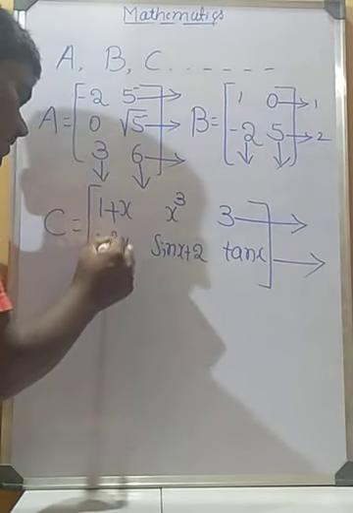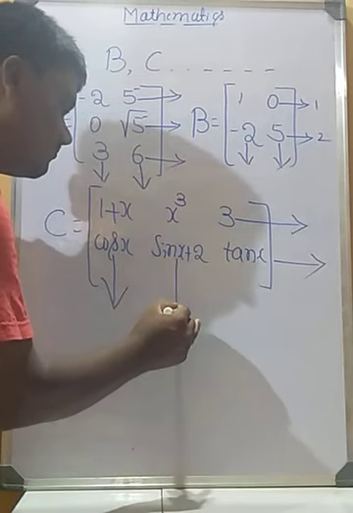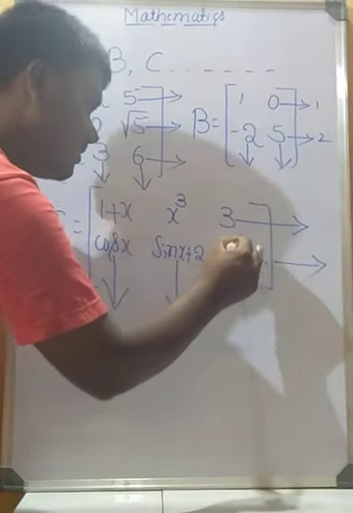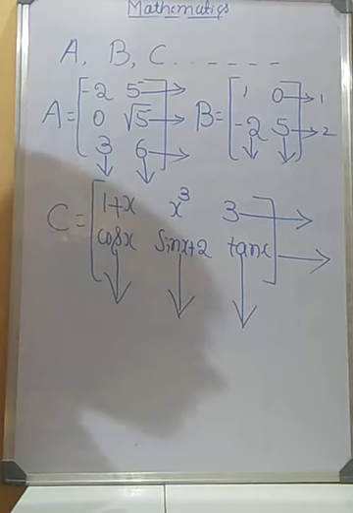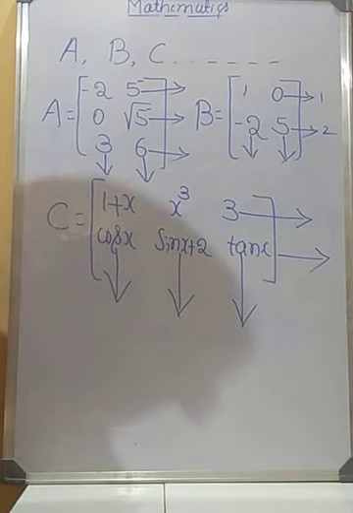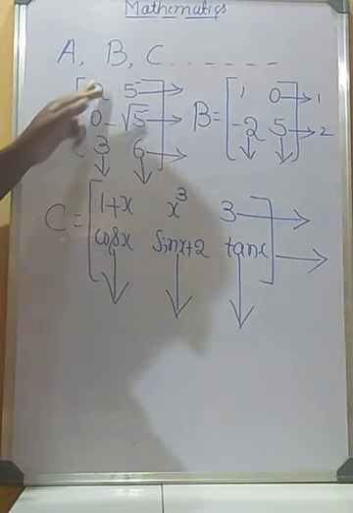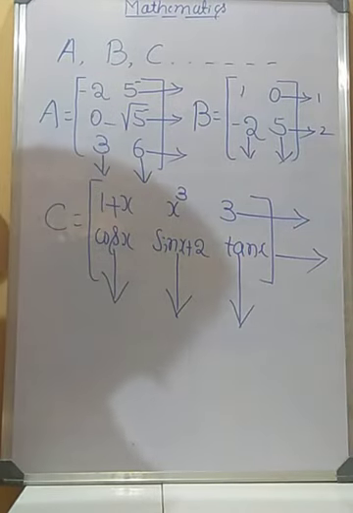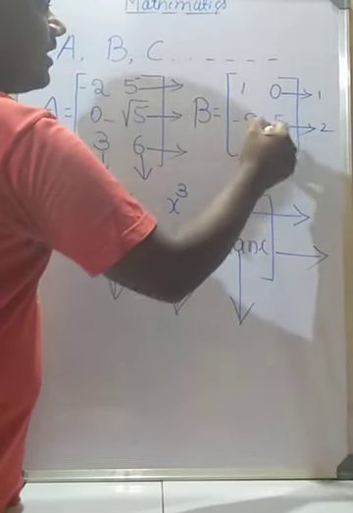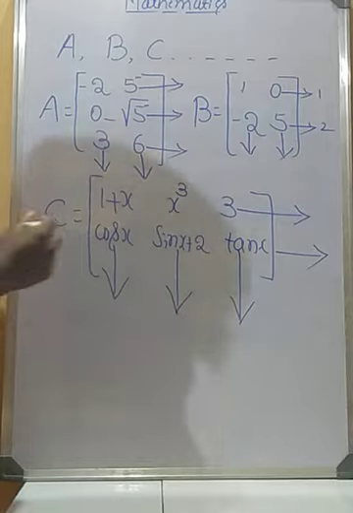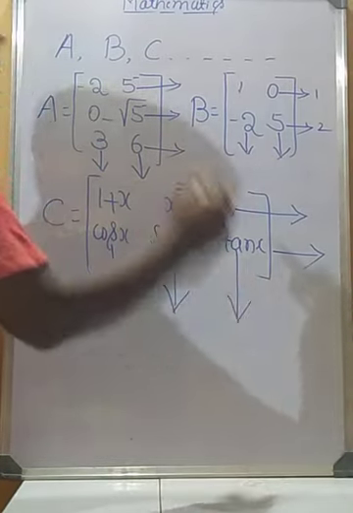Similarly, 1 plus x, cos x is the first column, x cube, sin x plus 2 is the second column, 3, tan x is the third column. Thus, matrix A has 3 rows and 2 columns. Similarly, matrix B has 2 rows and 2 columns, and matrix C has 2 rows and 3 columns.